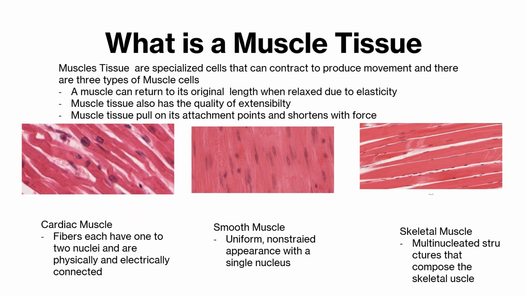Muscles begin the process of contracting or shortening when a protein called actin is pulled by a protein called myosin, which occurs in striated muscle, which are the skeletal and cardiac muscle tissues. A muscle can return to its original length when relaxed due to elasticity. A muscle tissue also has the quality of extensibility, and muscle tissues pull on their attachment points and shorten with force.